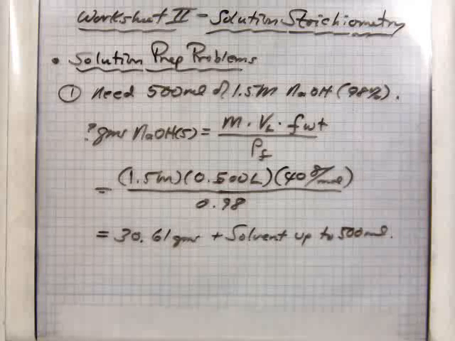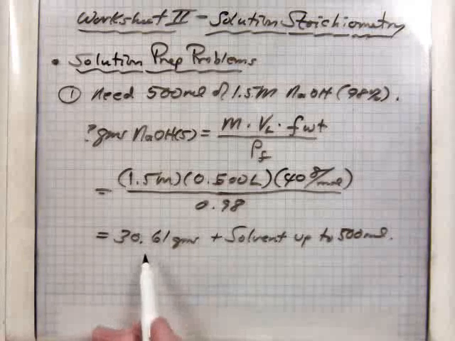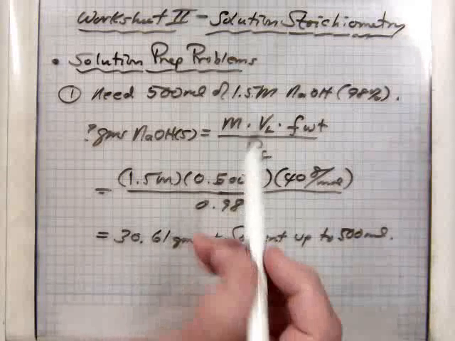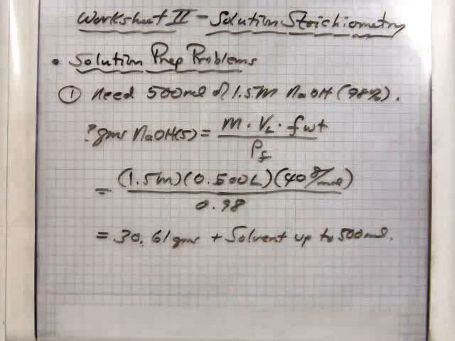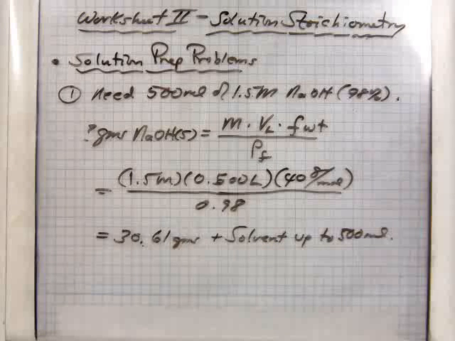So when you do make a solution like this, 99% of the time it's not going to be exact. It'll be very close, and you can count on that. But the purpose of doing the titration is to find out exactly what it is, using a standard to titrate the sample.